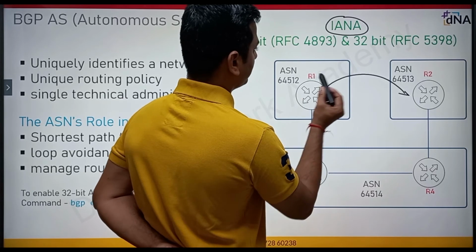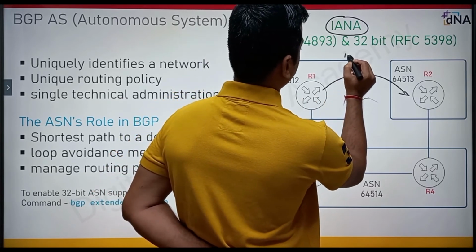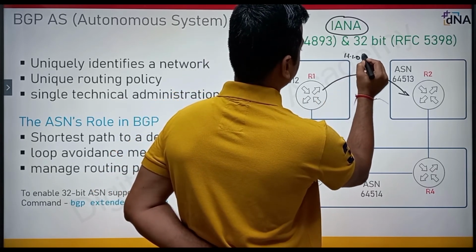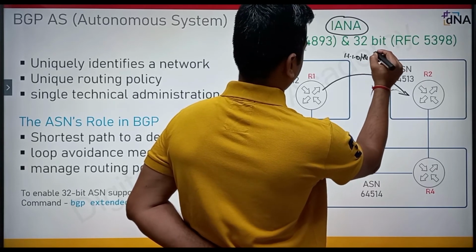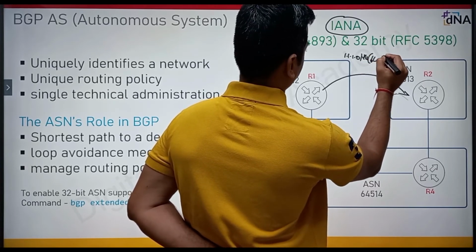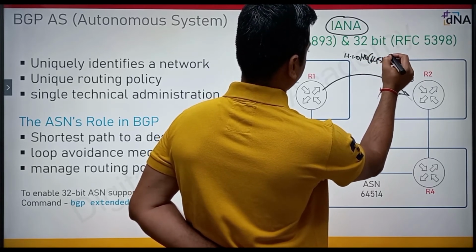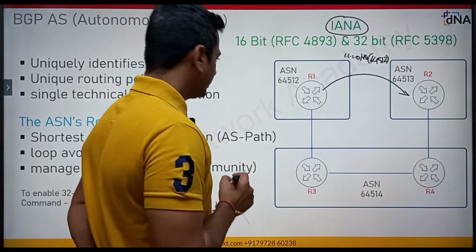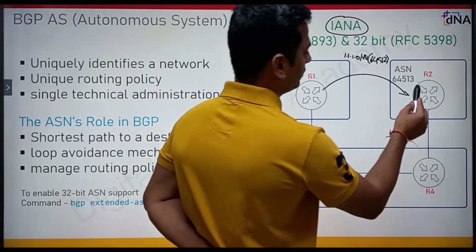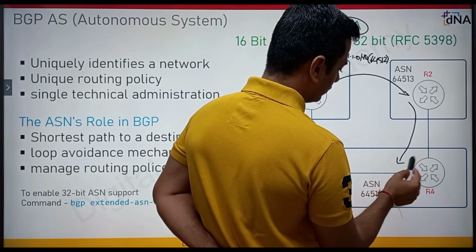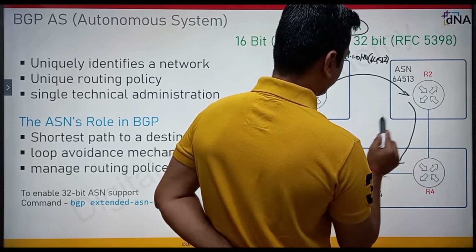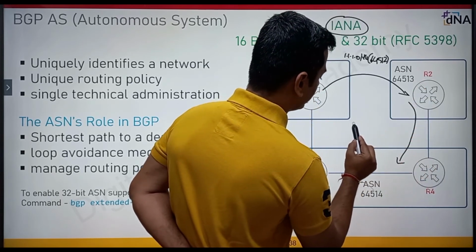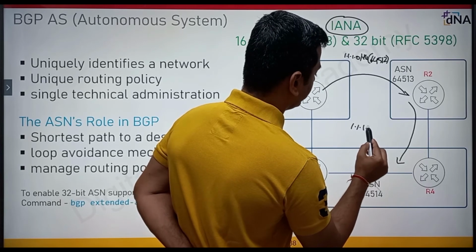There will be an AS number: route 1.1.1.0/24, AS number 64512. Then R2 receives the route and forwards it to R4. When R2 sends the route, it will append its AS number.